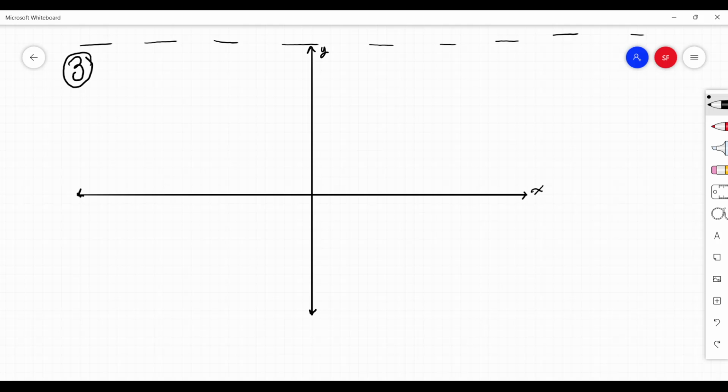Okay, so we're given this graph. Let me add a couple dots.